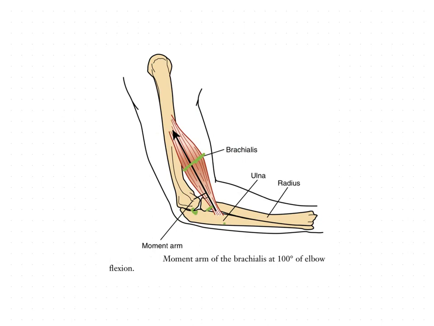The sixth one is the magnitude of the applied load and the type of muscle action, whether it is concentric, eccentric, isometric or isokinetic, and also the speed of motion, whether the movement is taking place slow or fast.